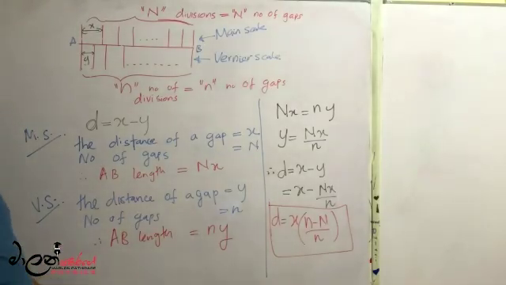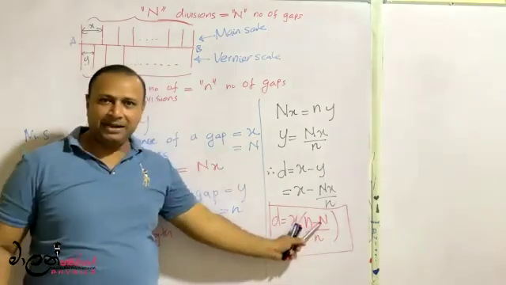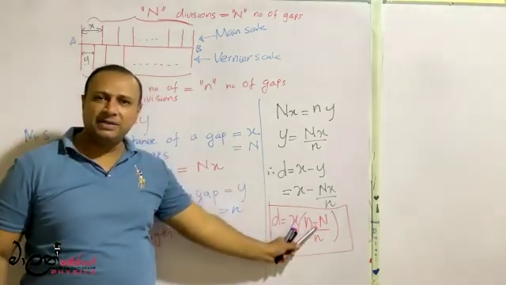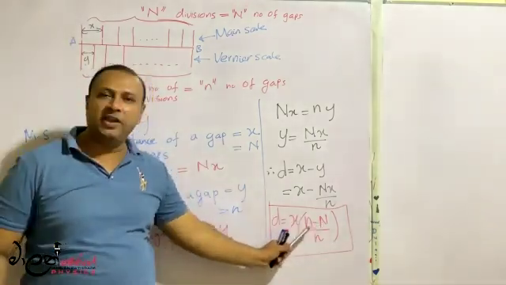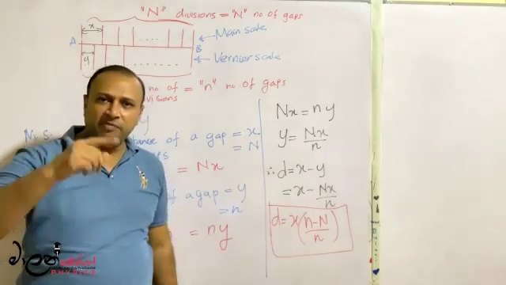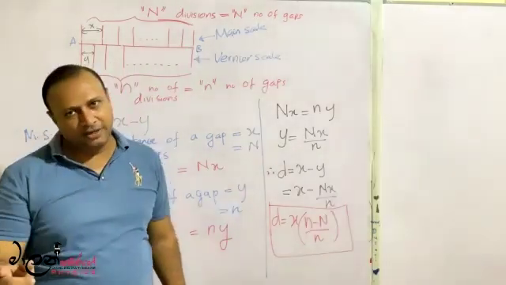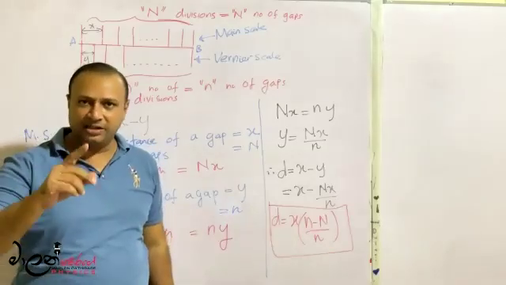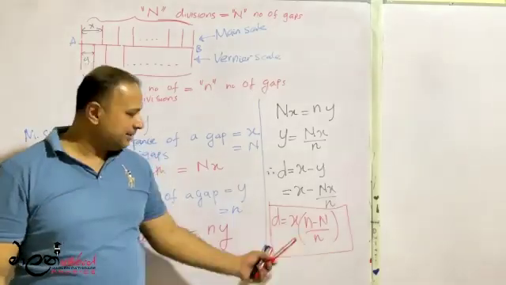Simple n minus capital N is the difference between the number of divisions in the vernier scale and the main scale.